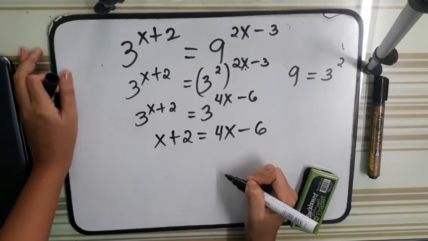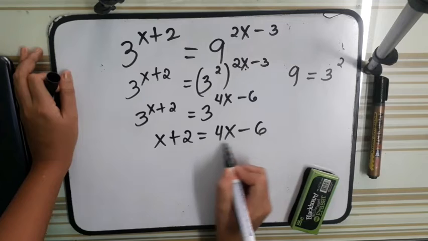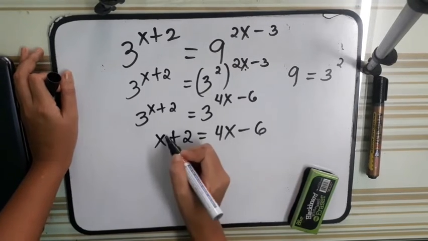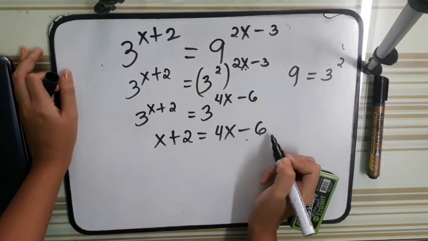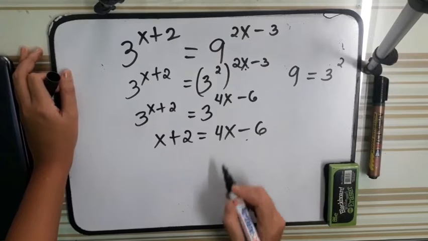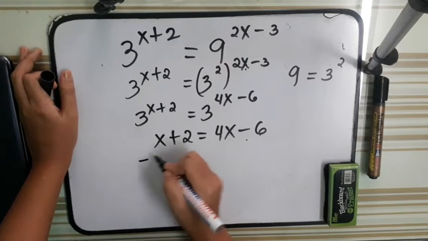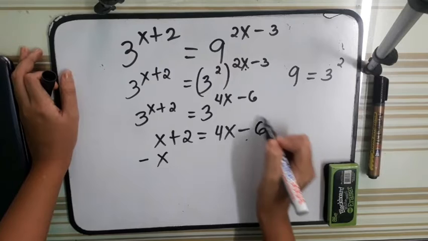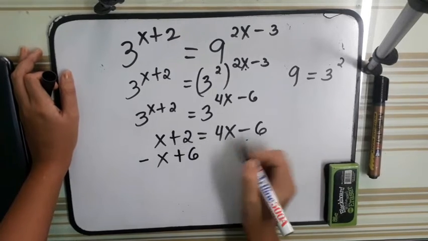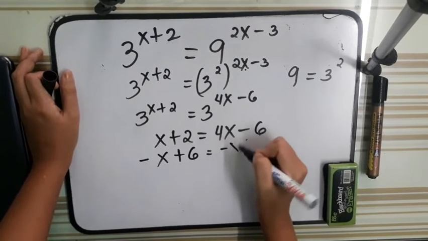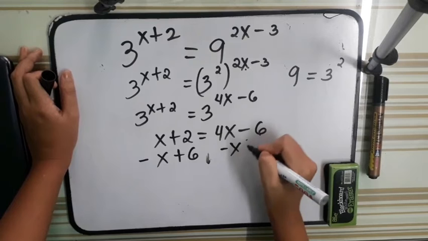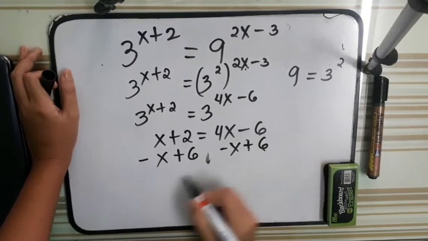Then, in order for us to get the value of x, we need to cancel x here and the constant on the other part of the equation. So we're gonna get the inverse of both. So we're gonna subtract x here and we're gonna add 6. The same with the other part, negative x plus 6.